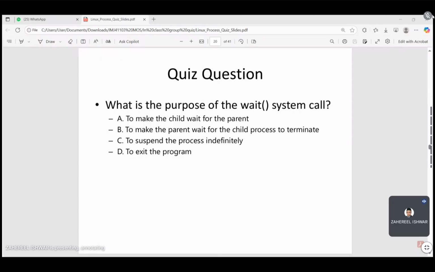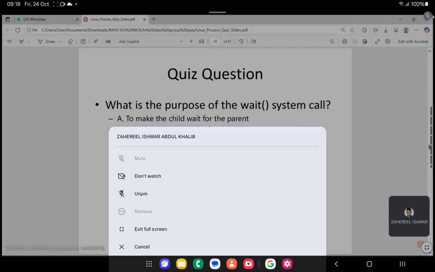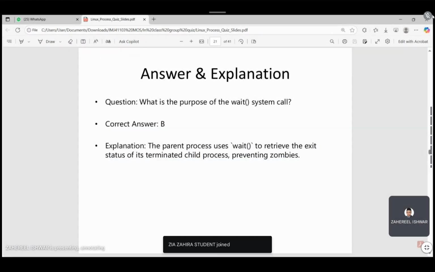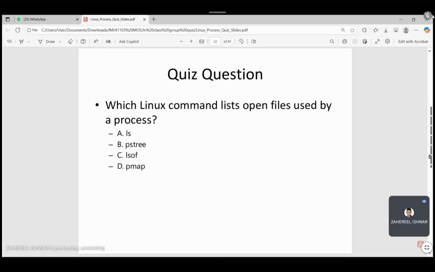Be my guest to explore more instead of only what is asked in the assignment. You will need those. Yes, the parent issues wait to the child.